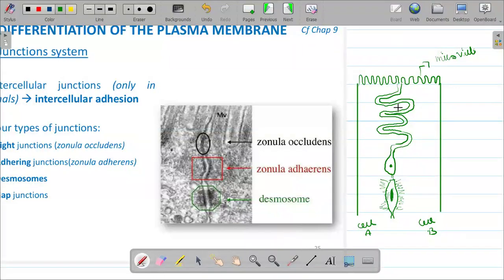And this is the adjacent cell membrane, that is between the two membranes, the connecting link, the adjacent cell membrane.